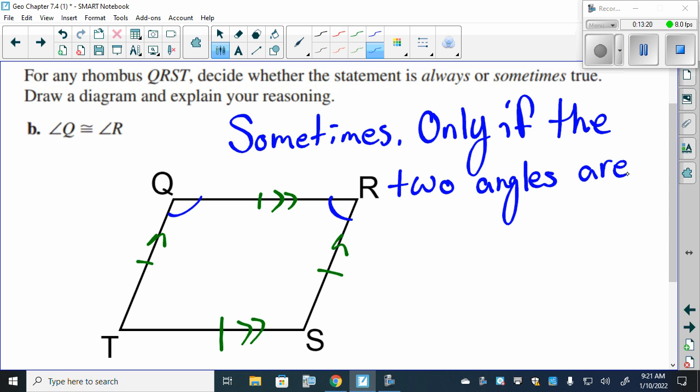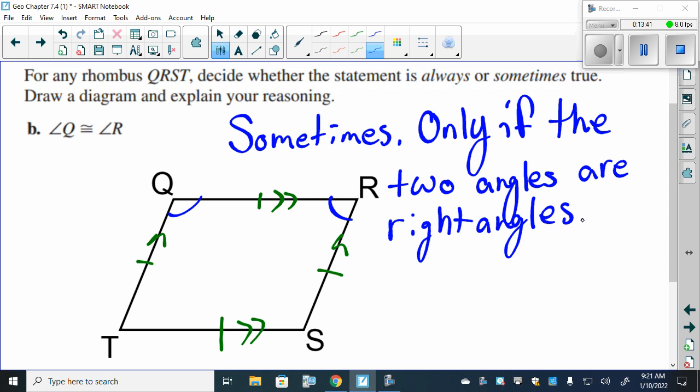Because Q and R aren't going to be opposite, but there's only one way that these two can be congruent. Yes.